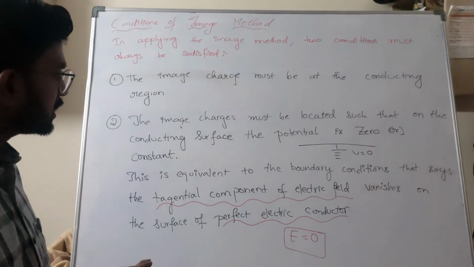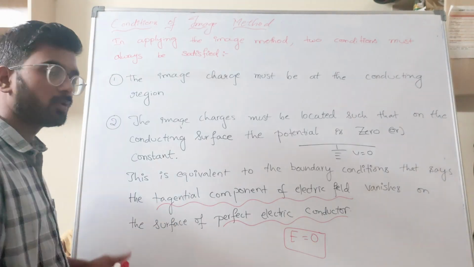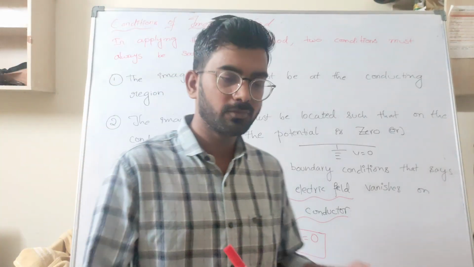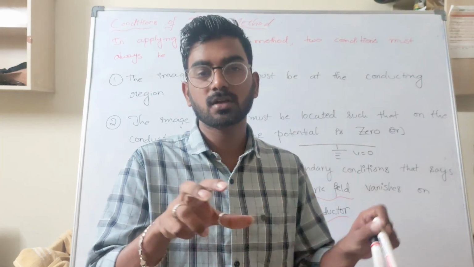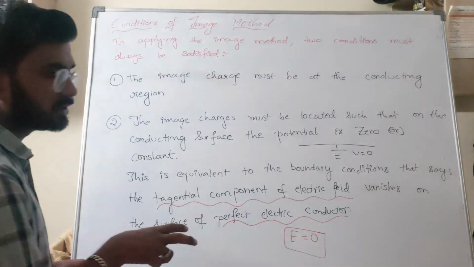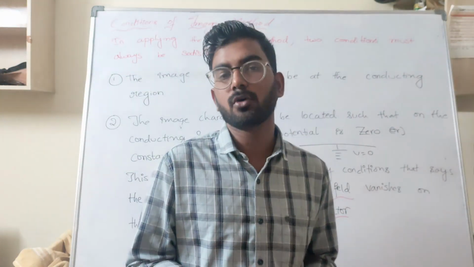By considering the tangential component, you will get a contradiction. What is the contradiction? Before solving the problem, you assume that the perfect conductor is in equilibrium. Equilibrium means there is no net motion of charges.